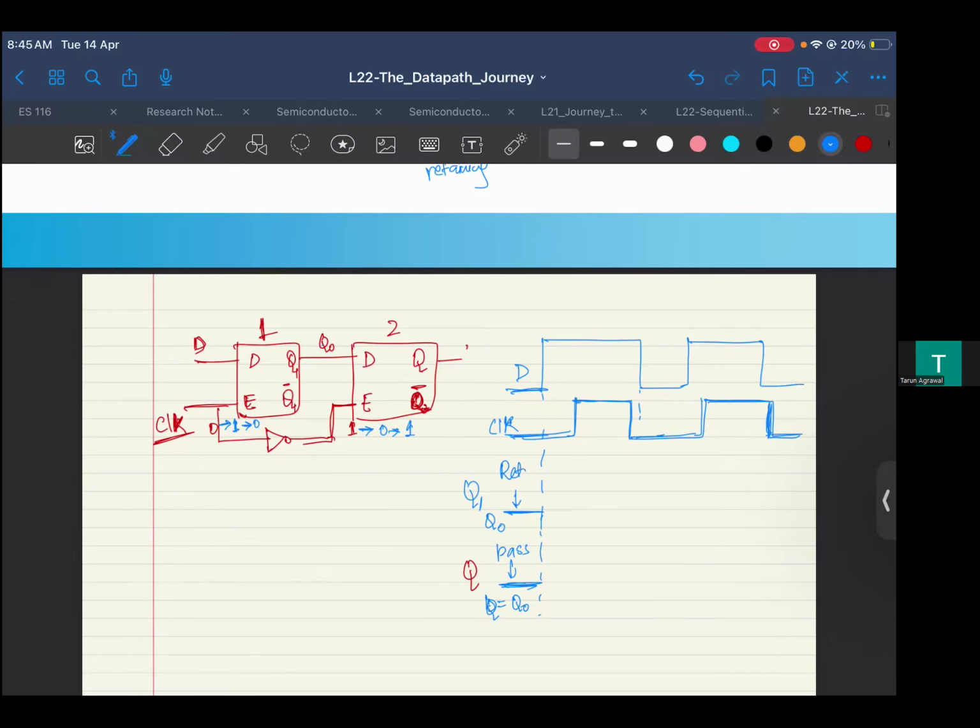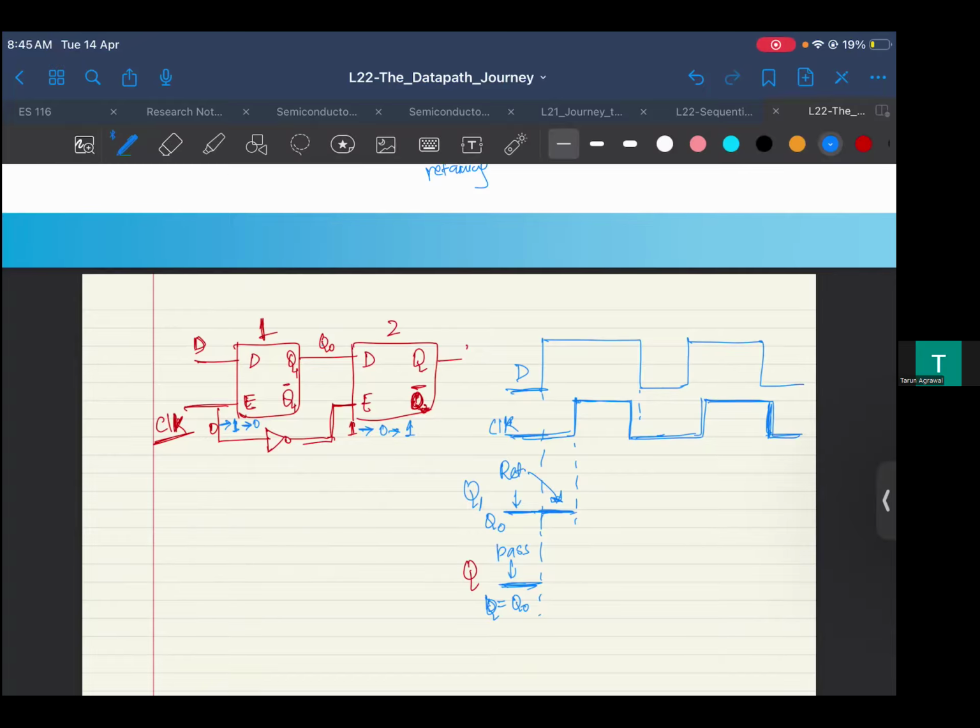That is what is happening in 2. Now when clock remains 0, this same situation will remain. This would retain, because clock is 0, meaning the first latch is just retaining. Now let's see what is happening to the second one.